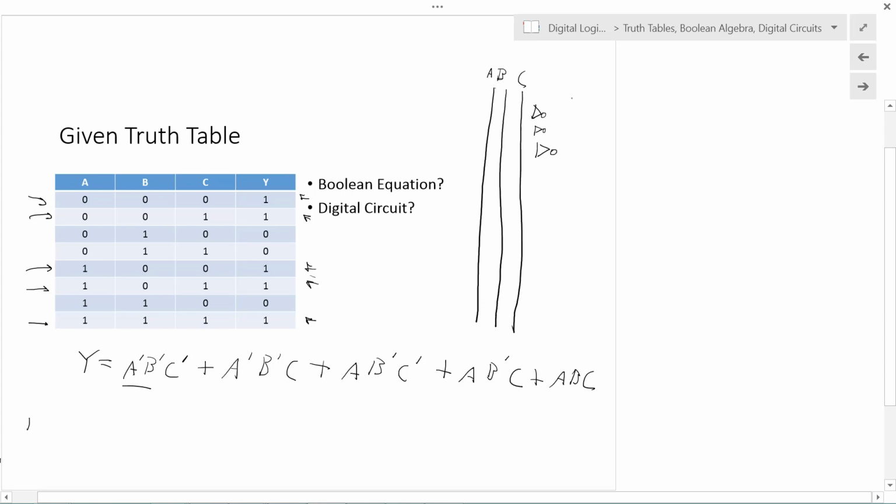So we can get A prime, B prime, C prime. So let's connect A prime, B prime, and C prime.